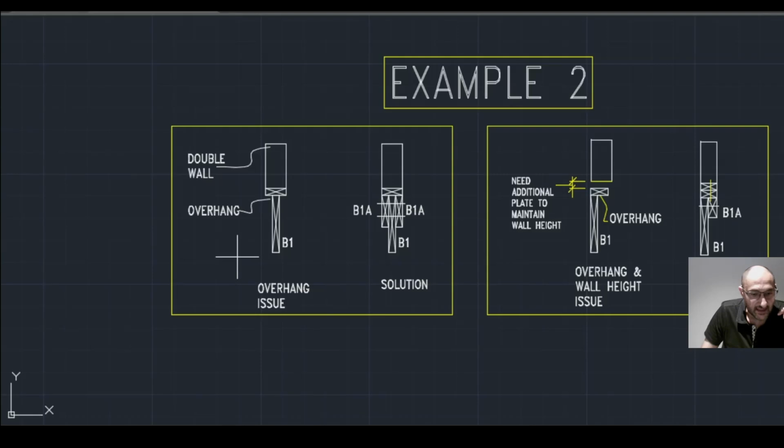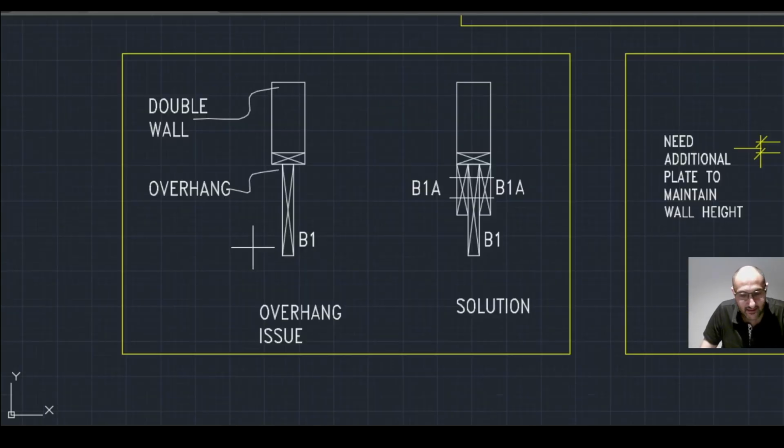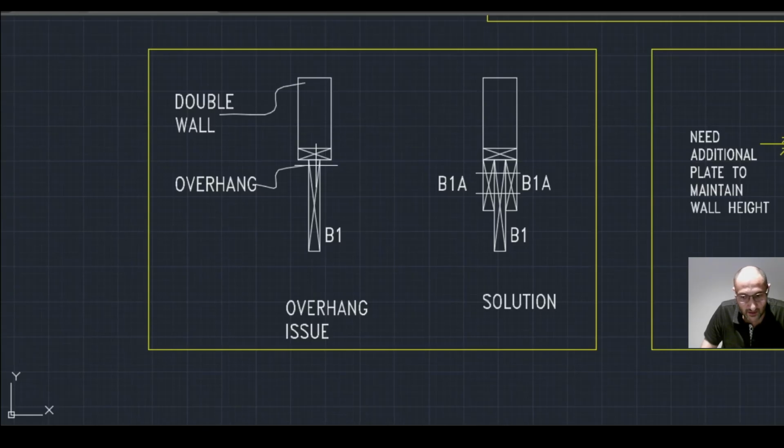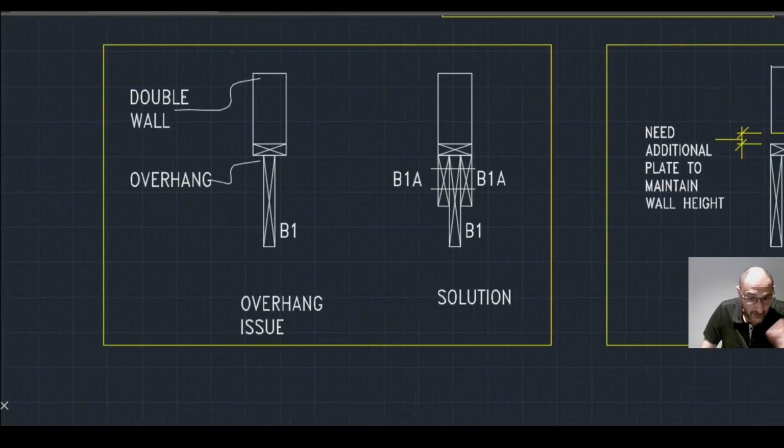In this second example, we have two interesting built-up sections. In the first detail here, we initially had an upper wall, which is a double-faced wall, overhanging B1 on either side. So to provide a stable solution, we can fix two beams or two plates to either side of B1.